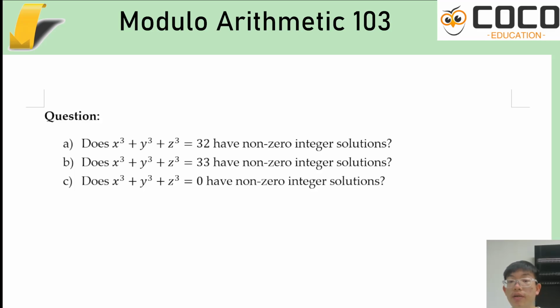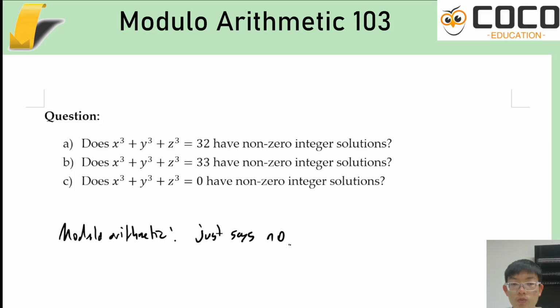So most of the time, we are not really able to handle what we call Diophantine equations that easily. But modular arithmetic, basically what it can do for us is it just says no to some of these things.